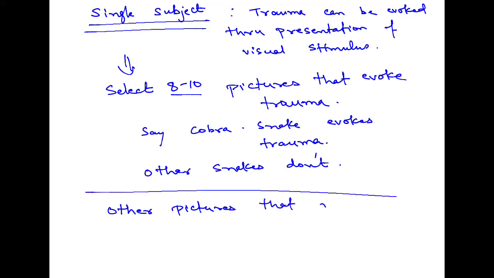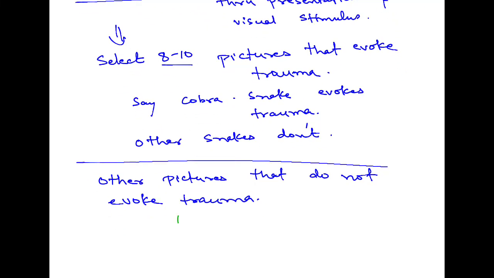Fixation kind of pictures that do not evoke trauma. So one candidate is fixation. What do you mean by fixation? A white screen with a black cross in the center, or a black screen with a white cross in the center. That's one candidate.